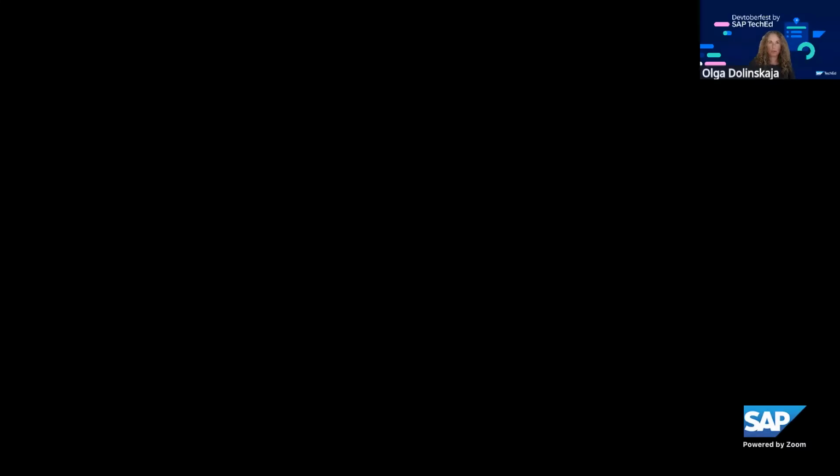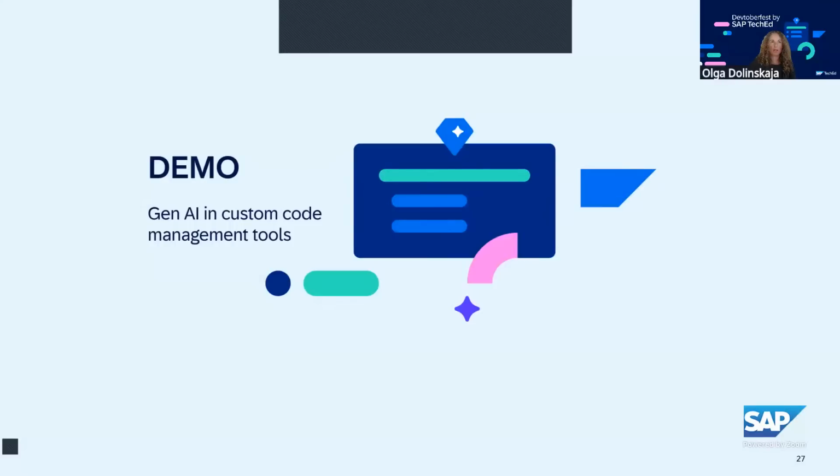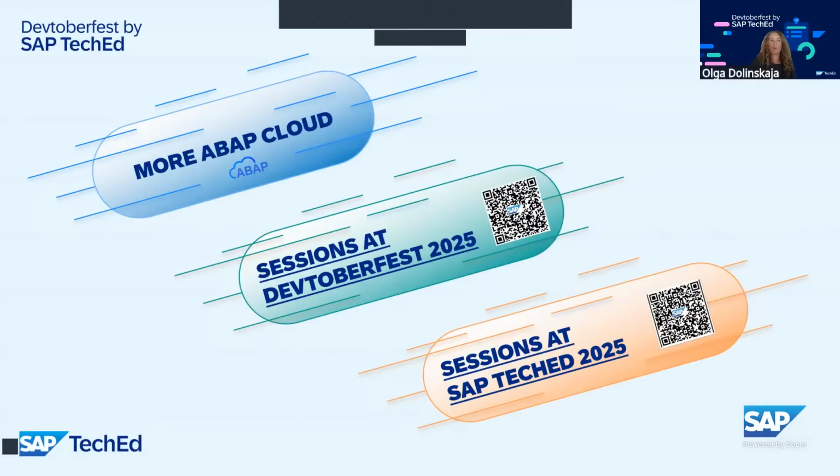What I want to point you to is all other ABAP Cloud related sessions at Devtoberfest and other following sessions at SAP TechEd. And if you still have any questions with regard to the clean core extensibility topics presented today, you can always reach out to me and Thomas for advice.